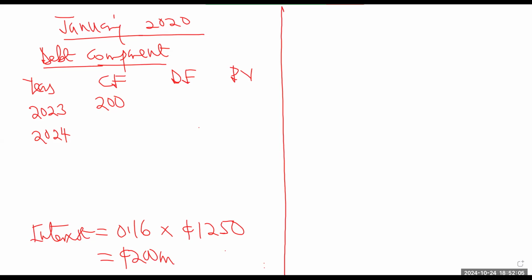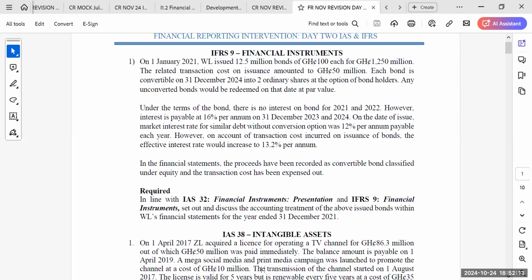In 2024, we will still pay the 200 million together with what? The principal. So the total payment will give us what? It will be 1450.